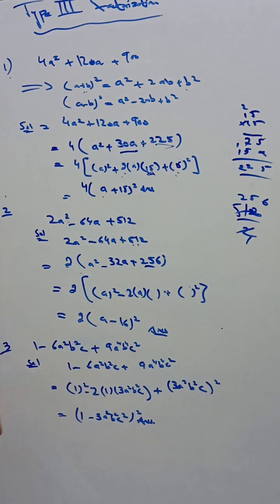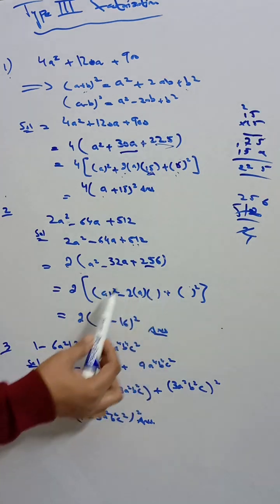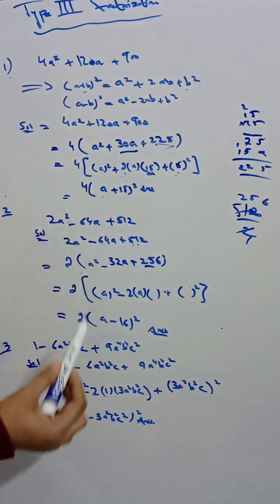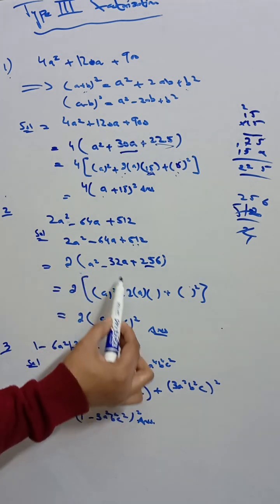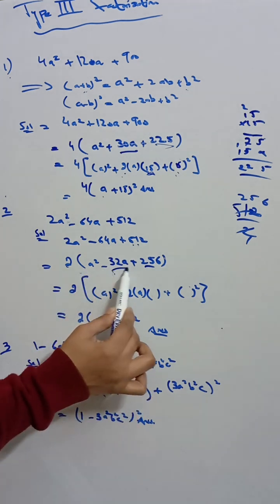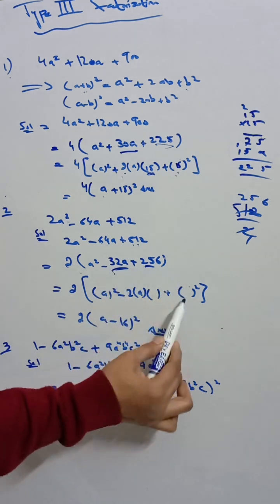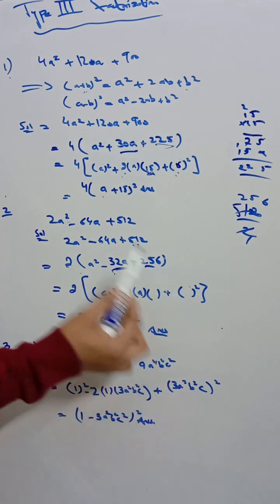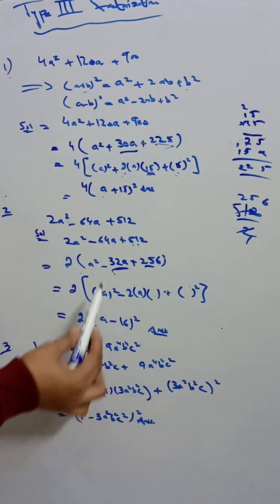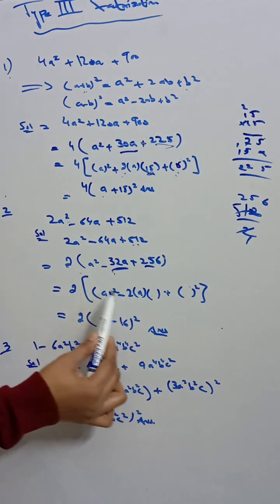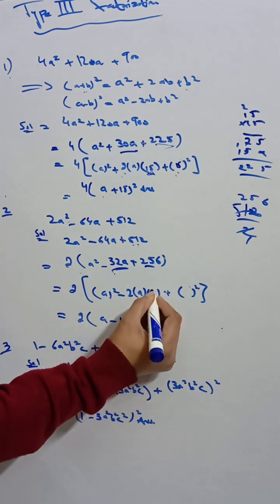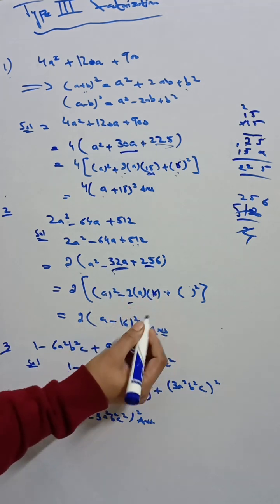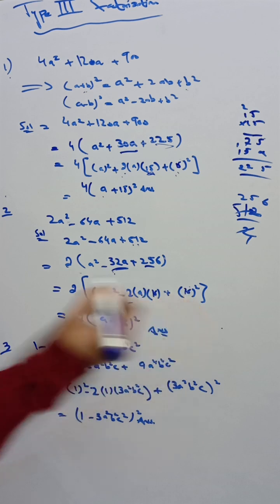You got it? Simple. Now we will apply the formula here: A square minus 2AB plus B square. 2 will remain the same. A whole square minus 32A plus 256. I don't remember the square of 256, so I can easily solve it by looking at the center. 2 16s are 32, so it must be 16 whole square.